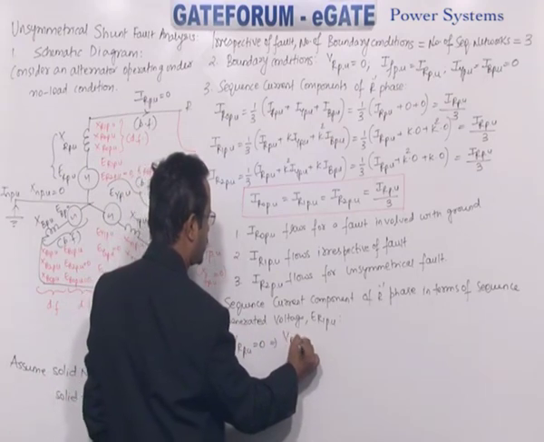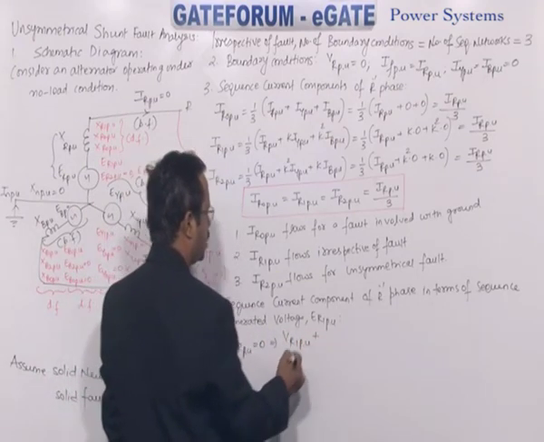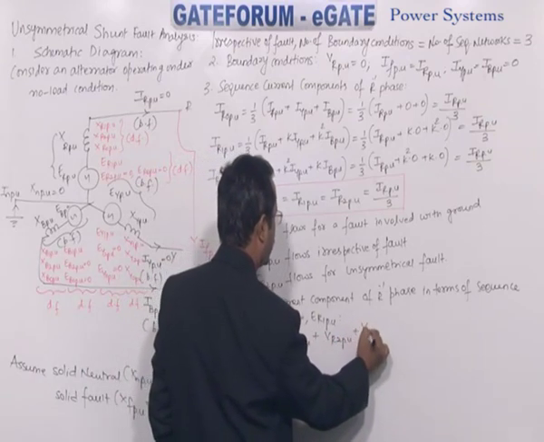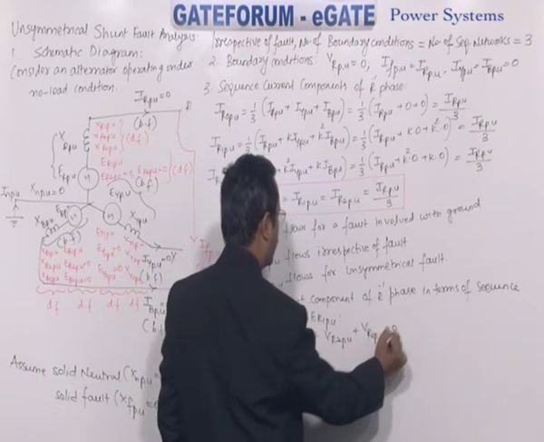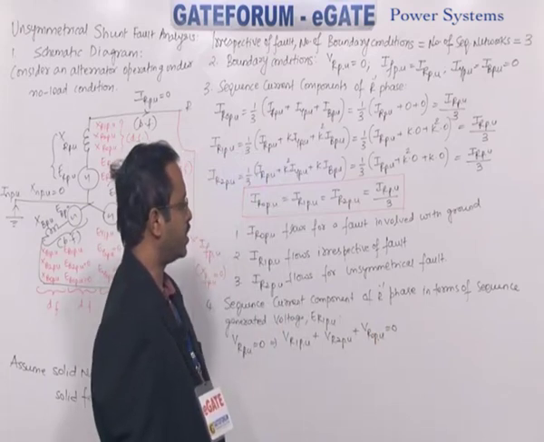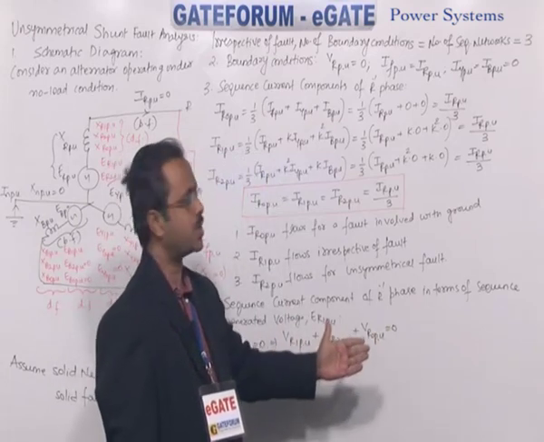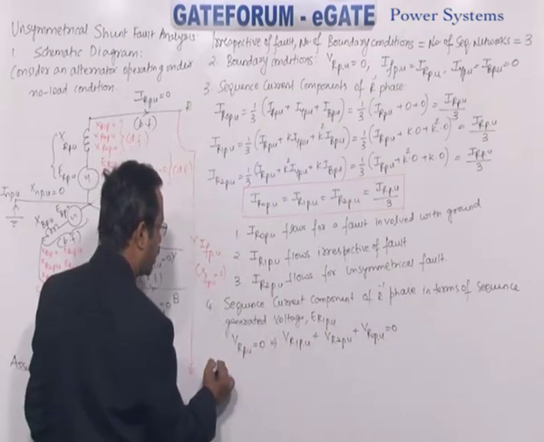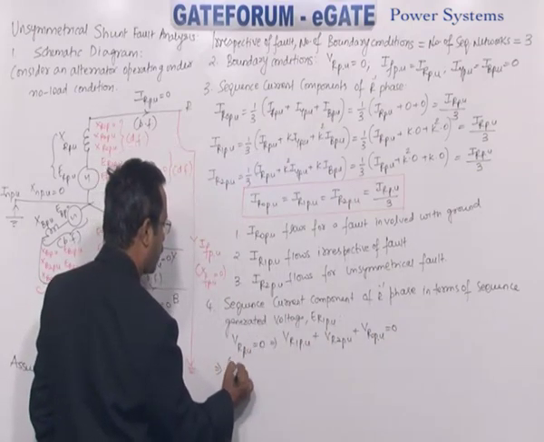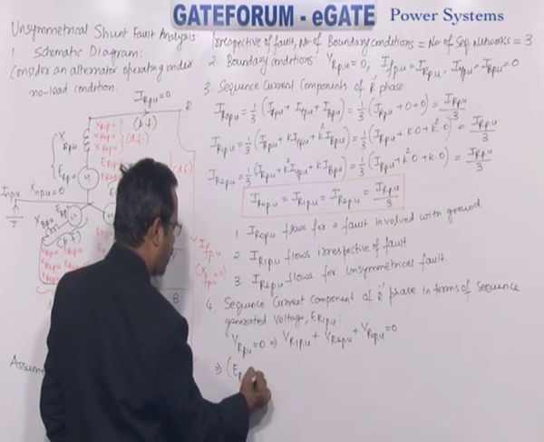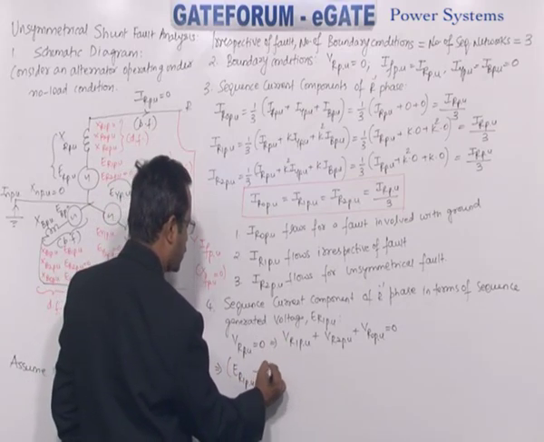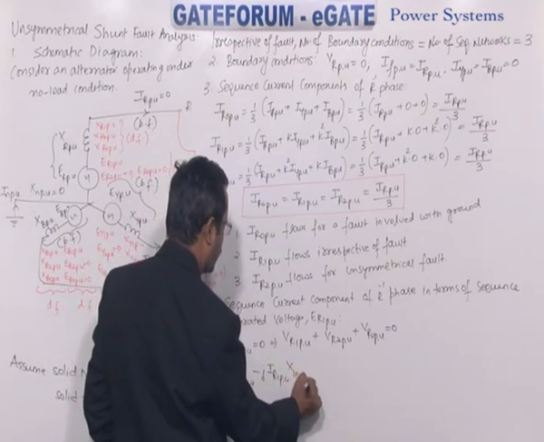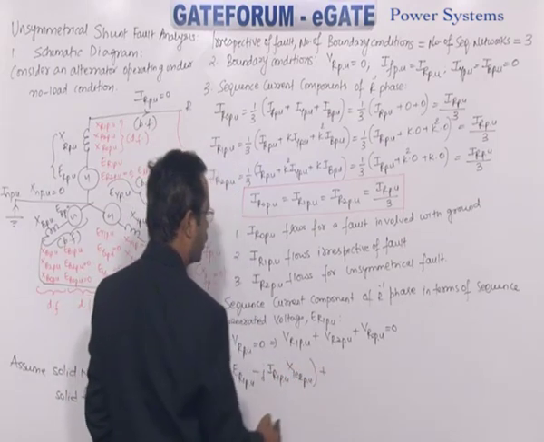That is, symmetrical components can be implemented and VR per unit can be written as VR1 per unit plus VR2 per unit plus VR0 per unit. And how to write what is VR1 per unit? ER1 minus J IR1 X1 equivalent per unit.